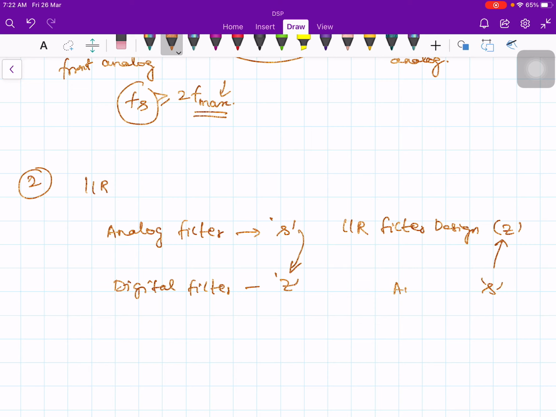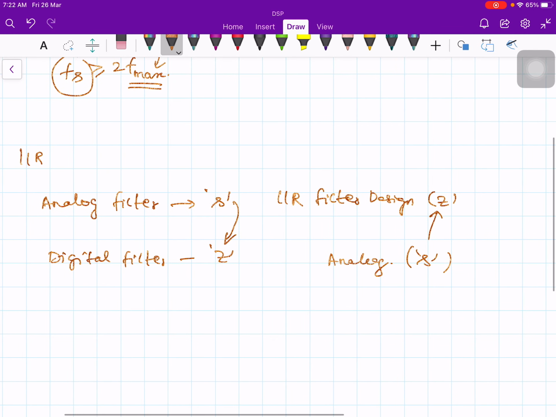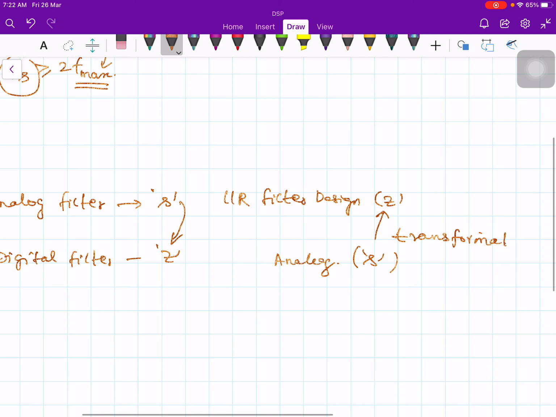Here the analog filter is designed in the S domain. So S to Z we use a transformation. There is a transformation procedure that we will see as we go along. Using the transformation, we will move from analog filter design to digital filter design. That is a very easy process. In fact, instead of directly designing the IIR filter, first you design an analog filter and then you do the transformation.